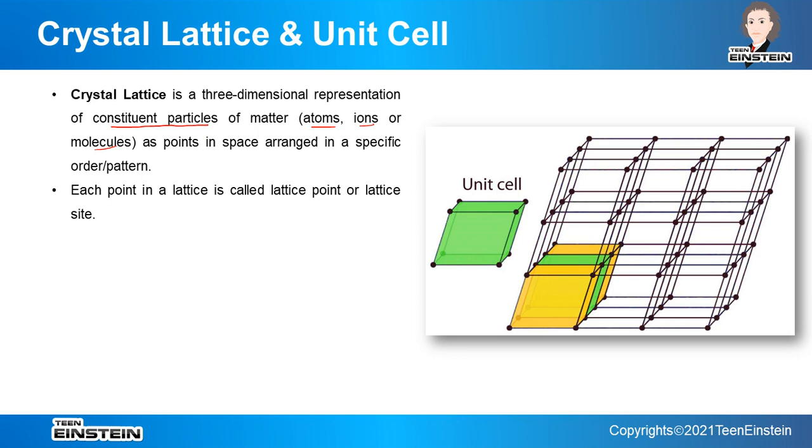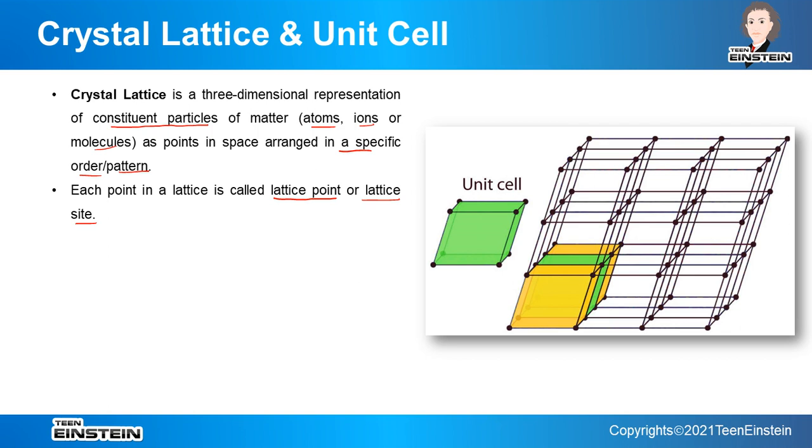You can consider them as points in space arranged in a specific order or pattern. This order or pattern is specific for each substance, and each point in a lattice is called a lattice point or lattice site. Please keep it in mind because we will use this term later.